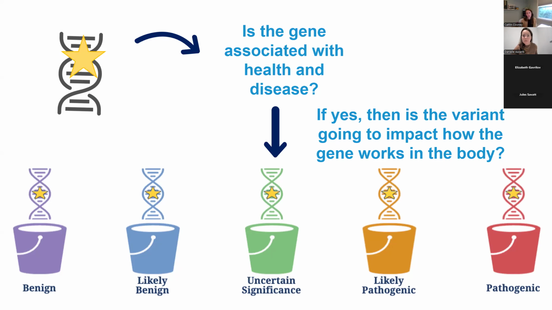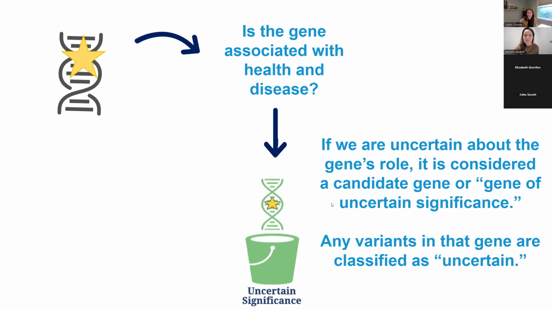If we do, then we can start evaluating the specific changes that we see and determine how that change would impact the functioning of the body. If we identified a change in a gene and we don't know what that gene does, that gene has not been associated with disease, then that variant is going to be uncertain.